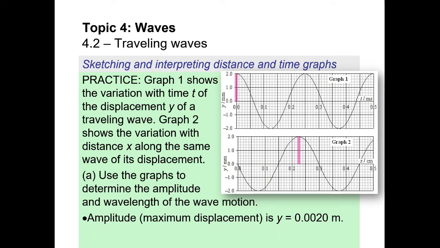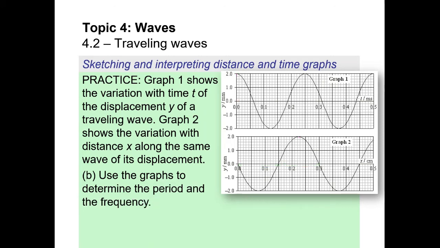Wavelength is a distance, so we're going to use graph 2, which is the displacement distance graph. That is 0.3 centimeter. Use the graph to determine the period and frequency. Period is a time taken, so we're going to use graph 1, the displacement time graph.